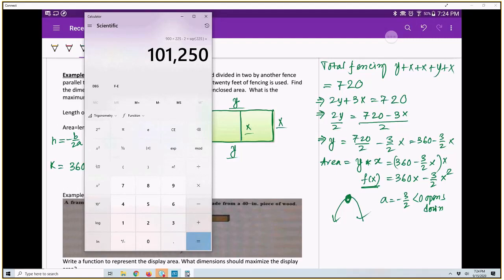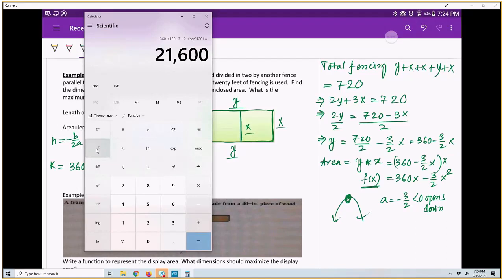So we got 360 times 120 minus 3 halves times 120 squared, and that's 21,600.